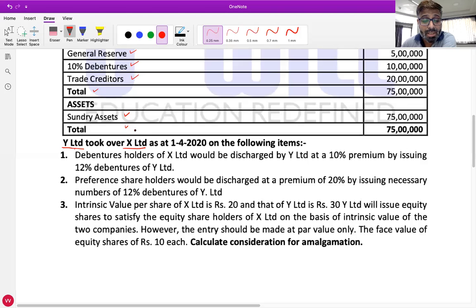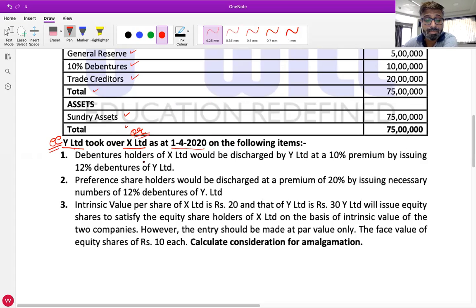X Limited. So that is the transferor company, and the acquiring company, Y Limited, is the transferee company.